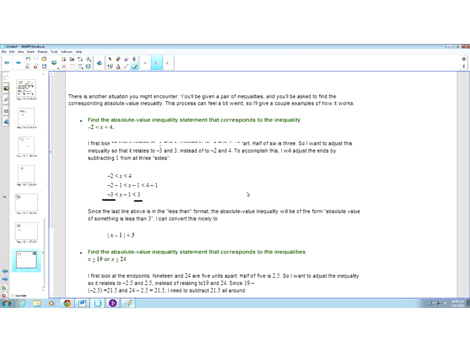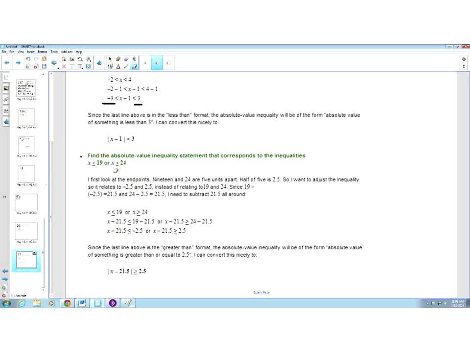And for something like this, x less than 19 or x greater than 24, whenever you have an OR situation like this, again, you would hunt for the endpoints. And you note that the endpoints are 5 units apart, so half of that would be your targeted constant that you would want to set the absolute value greater than or equal to.